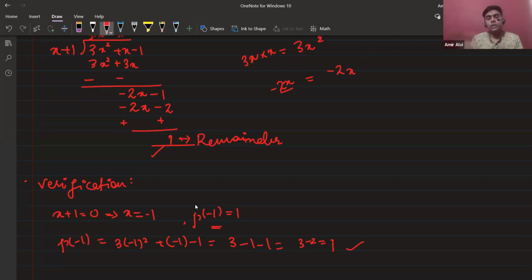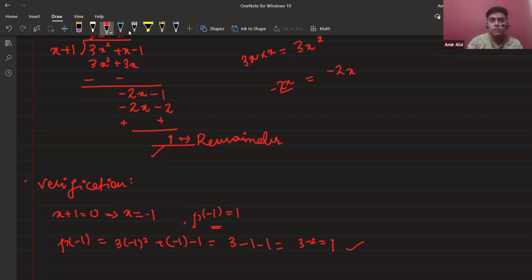NCERT already gave the algorithm, a 5 to 6 line long paragraph you have to read, and after that you think about what it is basically. But now I've told you the practical, with the example, so that you can understand a little bit better. Clear?